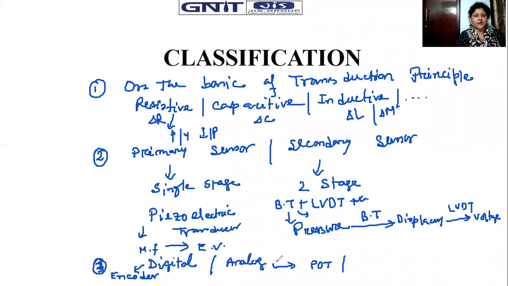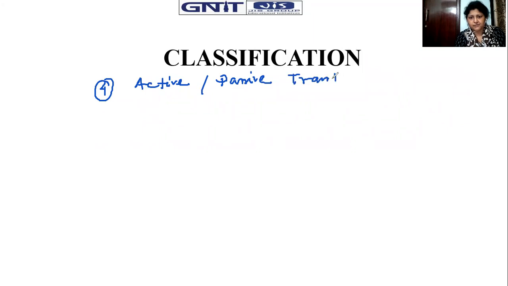Okay, then we have another kind of classification possible, that is active and passive. It is very much important. Okay, let me clearly sketch. Number four, that is active or passive. So active or passive transduction. Passive transduction means what? It requires basically the power supply.